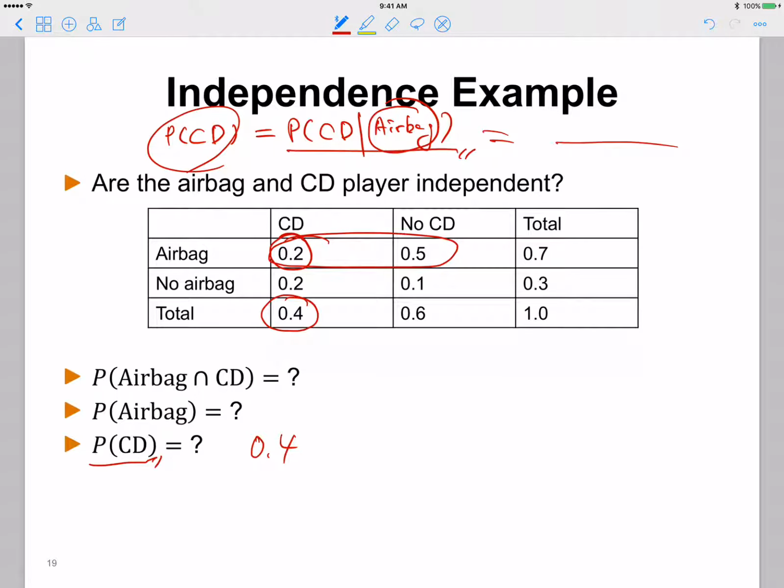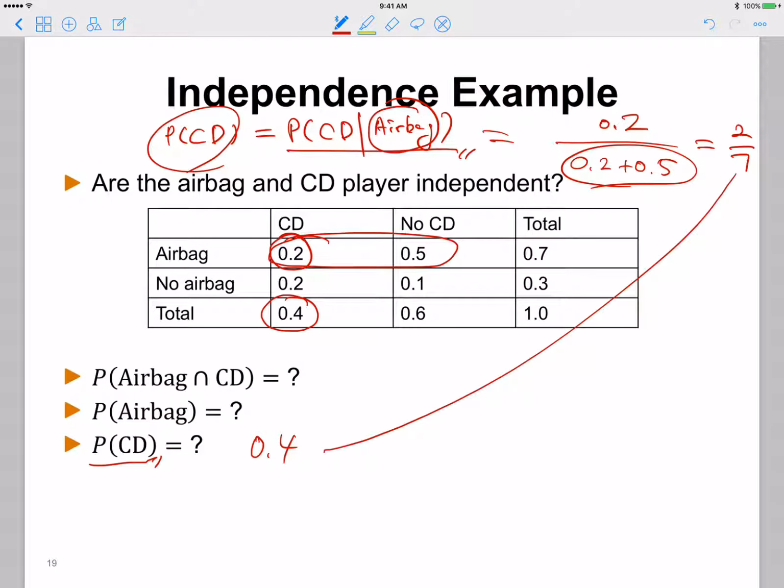So 0.2 and 0.5, adding these two and using it as a denominator, and then 0.2, which is 2/7, right? Okay, so these two are not the same, not equal, and so they are not independent.